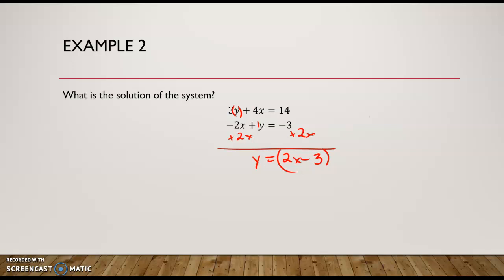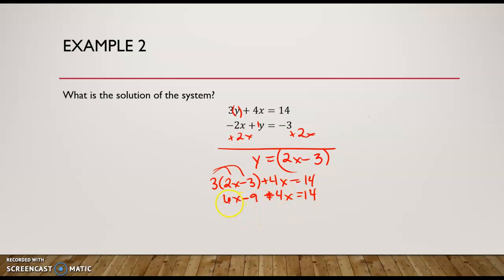Excuse me, let me wake up. And so when I do that plugging in, I'm going to get 3 times 2x minus 3 plus 4x equals 14. From here, I'm going to distribute, so we get 6x minus 9 plus 4x equals 14.